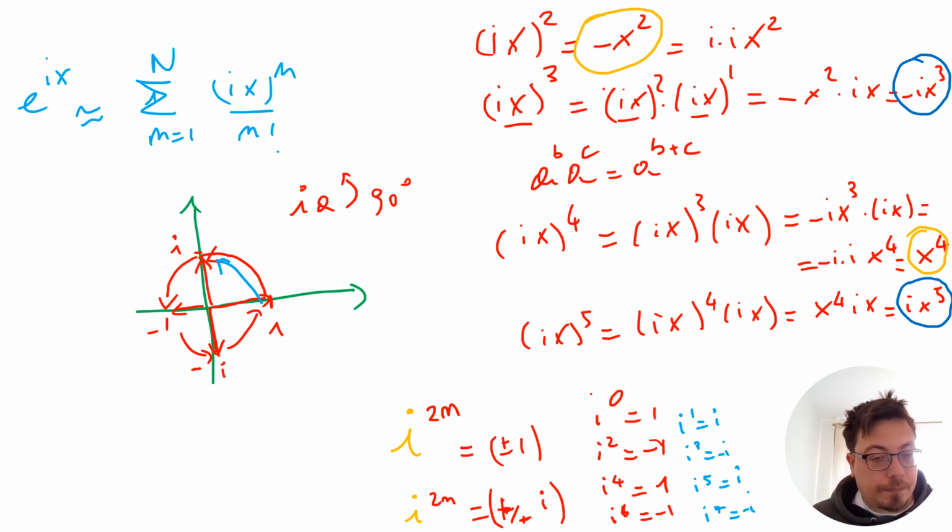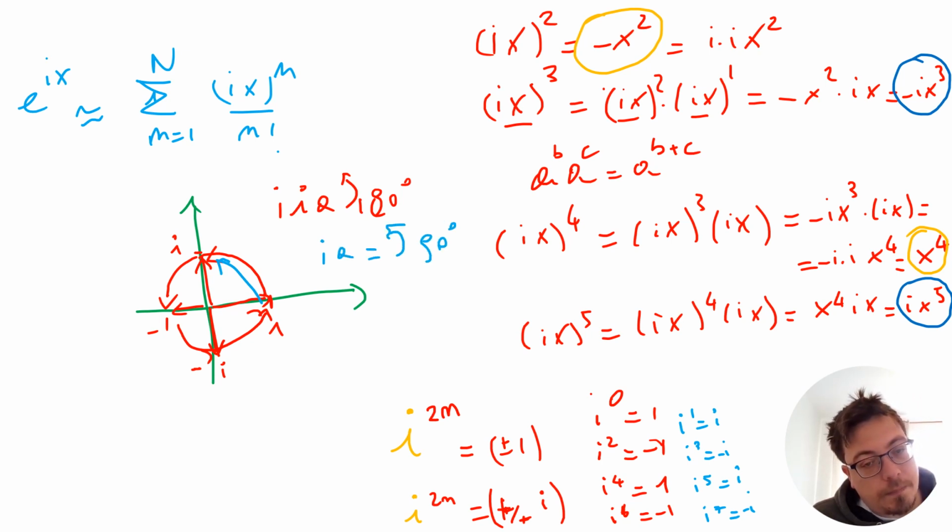Okay, so the red one is a full multiplication by i. So let me do this with the solid jump of 2 i's. So i times i is actually 180 degrees, while to keep the color code, i times 1 is a rotation of 90 degrees.